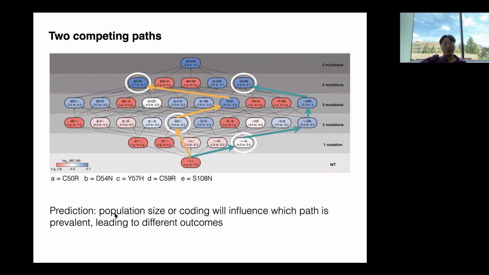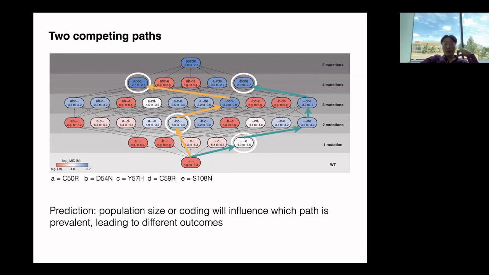The two predictions were, one, that if we make population size much larger, right, then you can imagine a scenario where you are sampling double mutants deterministically at the same time as you're sampling single mutants. And so then you should be able to prefer this path.